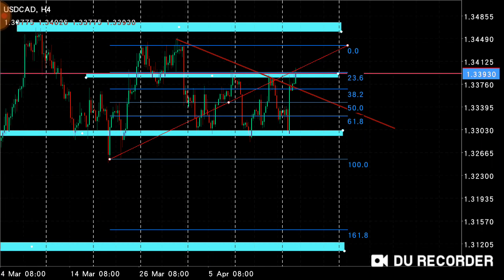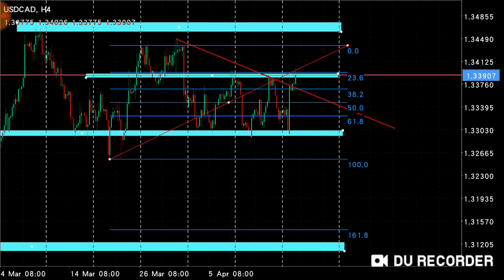Sawa. Kwa hiyo how I use Fibonacci, nimechagua always when I drag from low to high, utachagua your lowest point, utaidrag kwenye highest point. Okay, halafu I use 2 levels as my trading points. Natumia 23.6 na natumia 61.8.